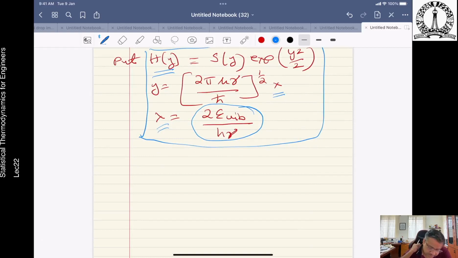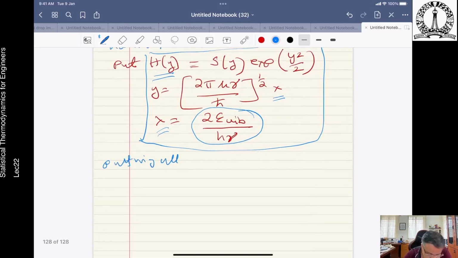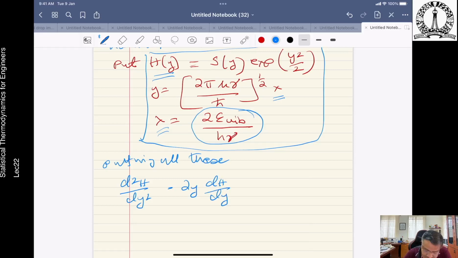Putting all these things together, you have d squared H by dy squared minus 2y dH by dy plus lambda minus 1 into H is equal to 0.